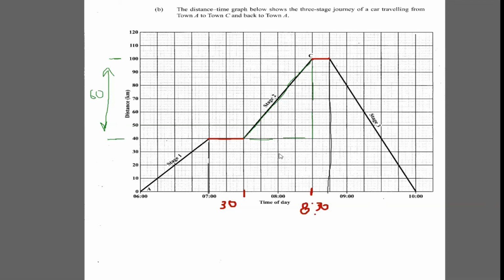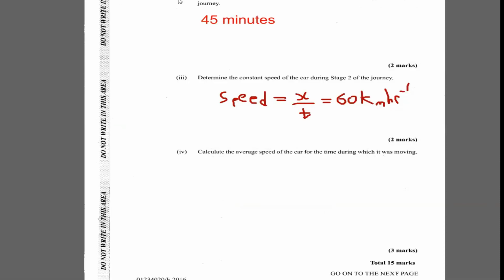So I just want to point out that the average speed, let's call it V, is equal to the total distance traveled, which is total X, over the total time you were driving. That will give us the average speed.